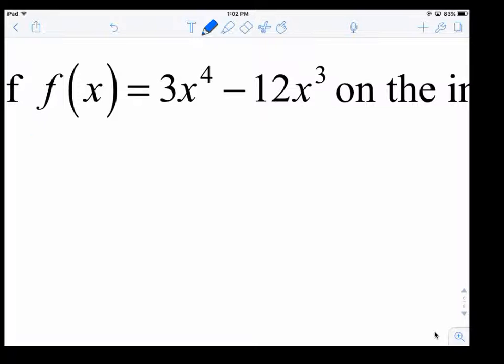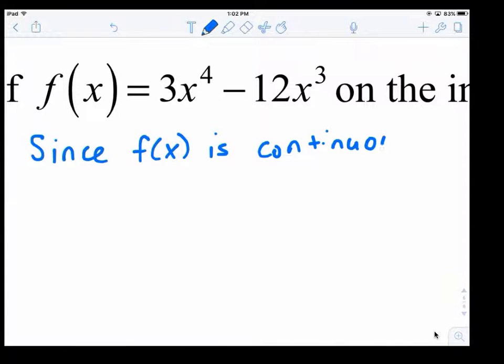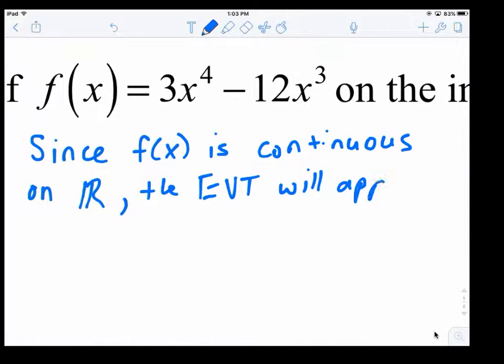All right, so since f of x is continuous for all real numbers, you could do that too for all values of x in the set of real numbers.